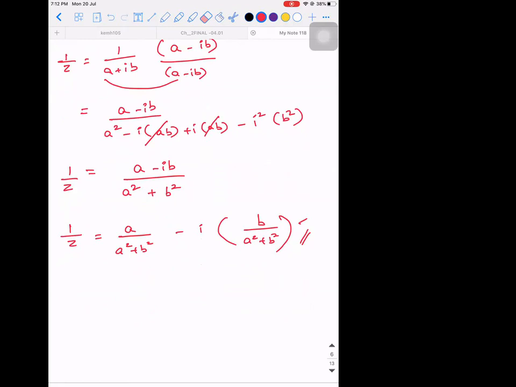This also you need not memorize. You can derive it. As you practice more problems, this will come fast.